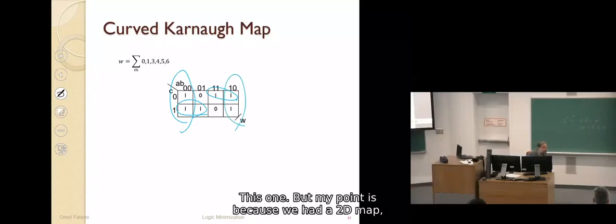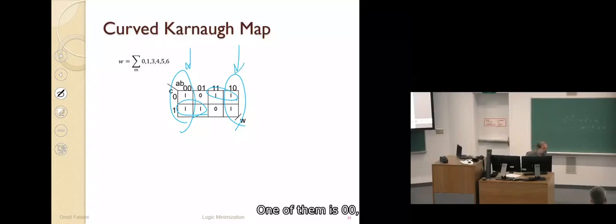But my point is, because we had a 2D map, we couldn't exactly put the adjacent terms together. Look at these 2 columns. One of them is 0, 0. It is A naught, B naught. The other one is 1, 0, which is A, B naught. So these two columns have B naught in common. Is that right? If we could somehow put them together, they should be together.